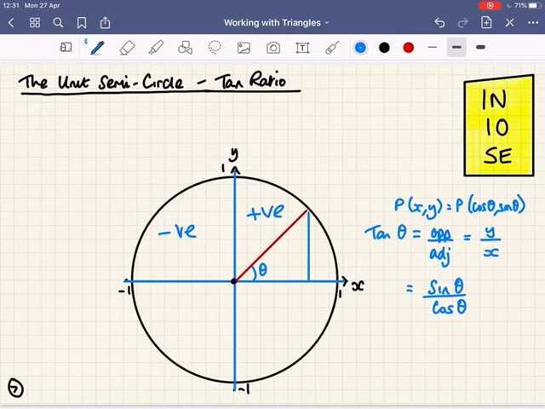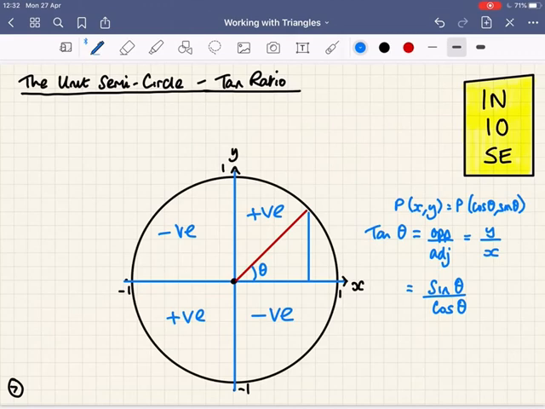In the third quadrant, both sine and cosine are negative, so tan would be positive. And in the last quadrant, this time cosine is positive and sine is negative, so tan would be negative in there. So we can see that the values of the tan ratio go positive, negative, positive, negative.